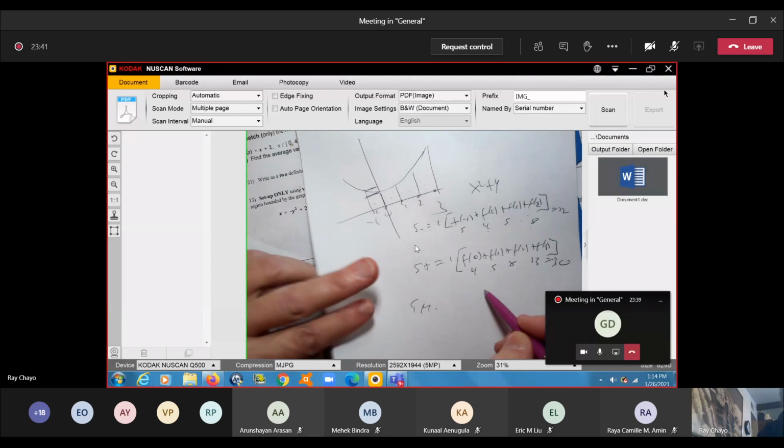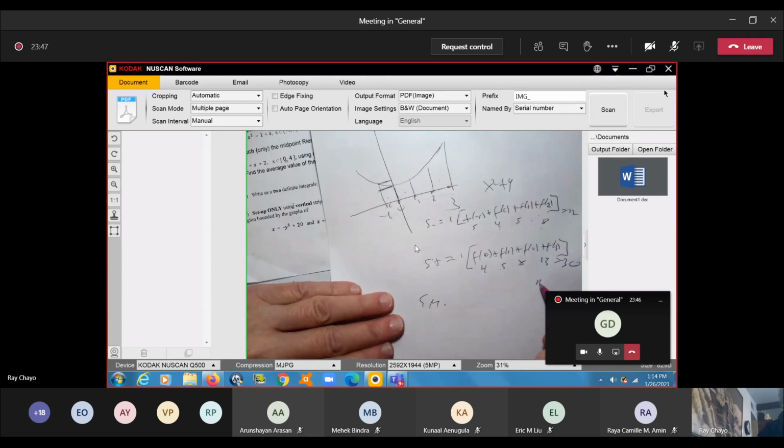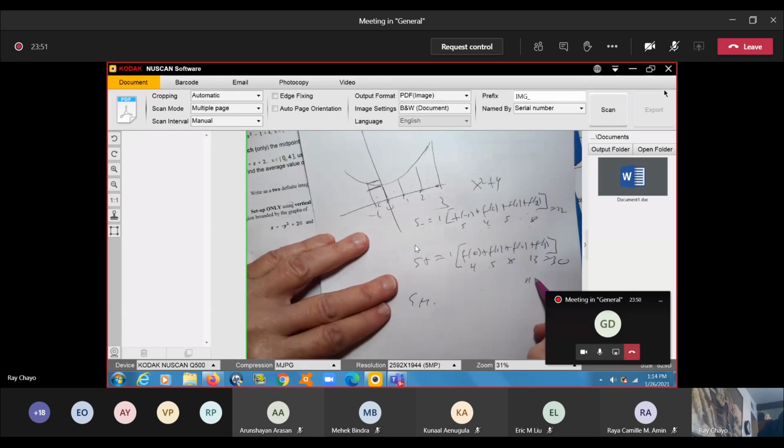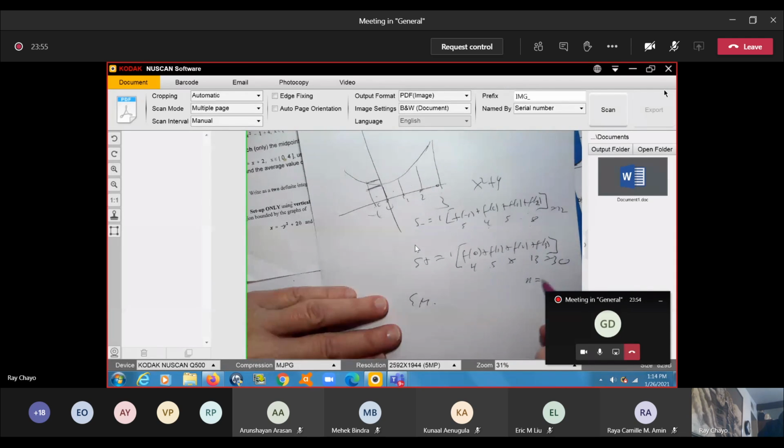Now, it depends on what the n is, and the n is how many rectangles. Let's do n equal to 2. If the n is 2, that means you're going to have two rectangles.